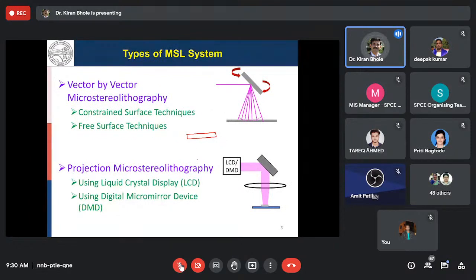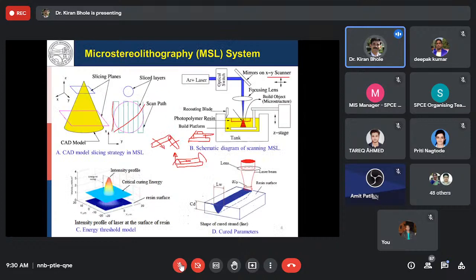The other variant I'm talking about is the projection MSL, projection micro 3D lithography. What we can do in projection micro 3D lithography is, rather than line by line scanning the laser onto the photopolymer and curing the 2D structure, we can project the entire 2D surface onto the photopolymer.